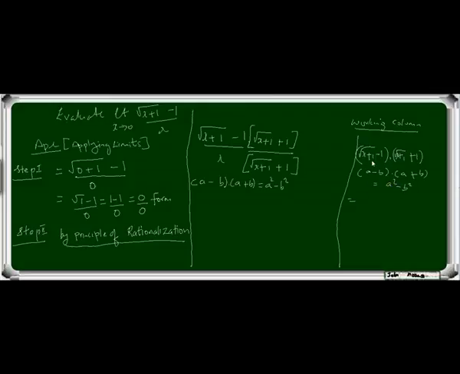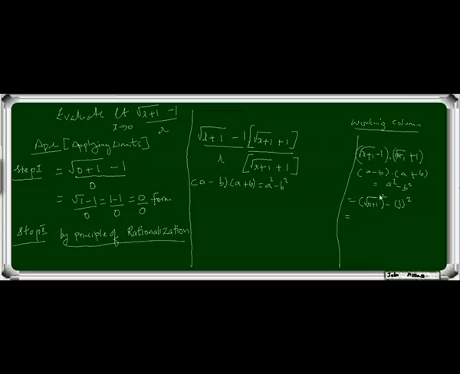Similarly, in place of a I have root of x plus 1, and in place of b I have 1. So this could be written as root of x plus 1 squared, minus 1 squared.